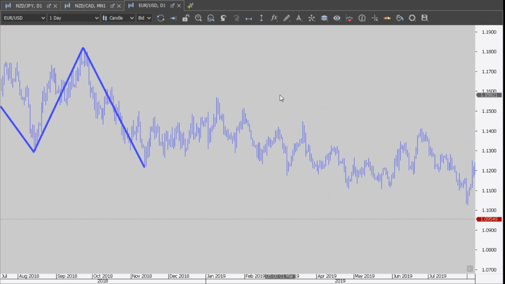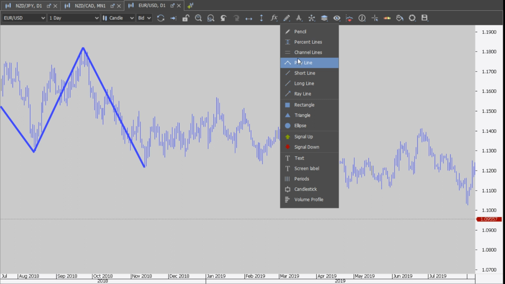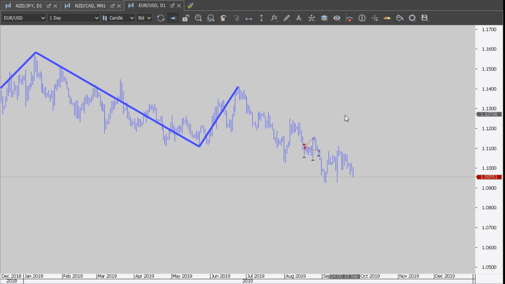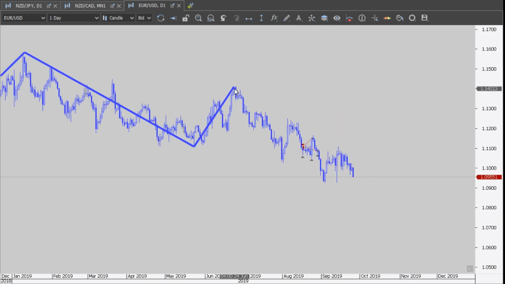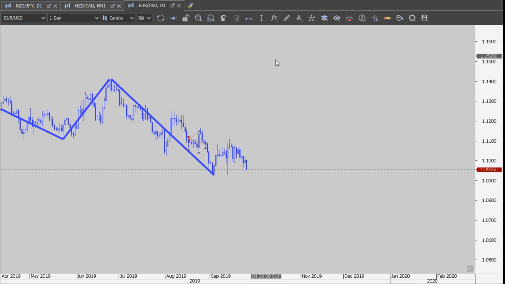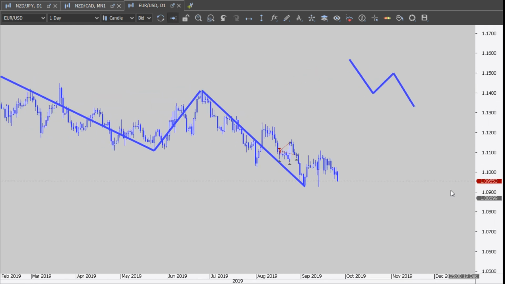Let's compress the chart. Okay, so this is the market wave. Extension, retracement, extension, retracement, and finally the extension, right? So the market is in a downtrend, down structure, down market wave.